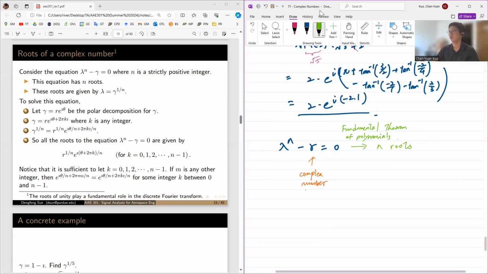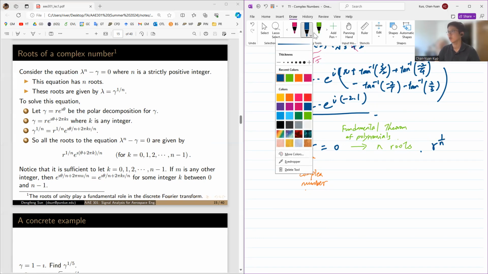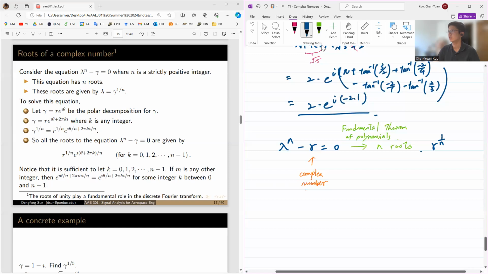Okay, and the root is going to be gamma to the power of 1 over n. Let's see how we can evaluate this using the polar form. First, we move the gamma to the right hand side, and then we express this using the polar form.